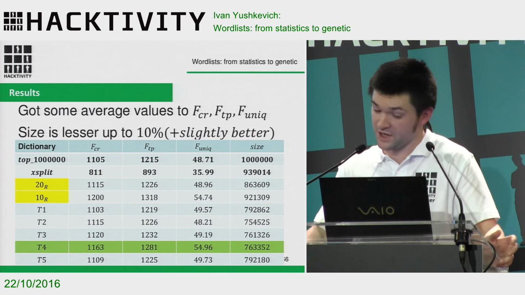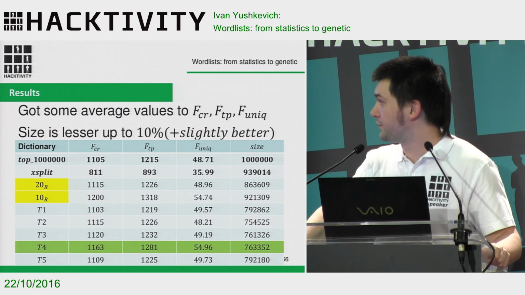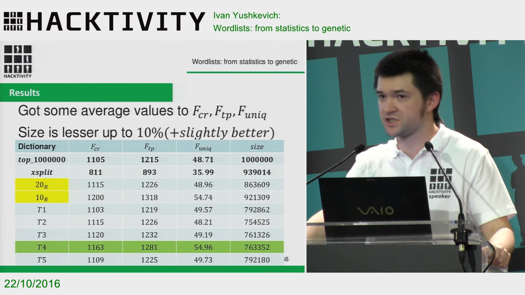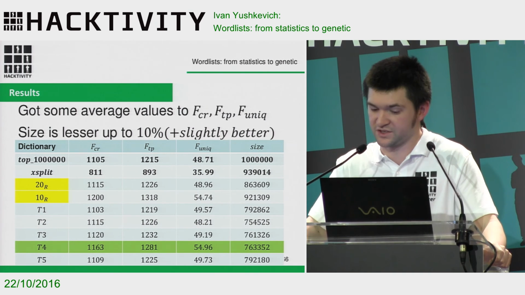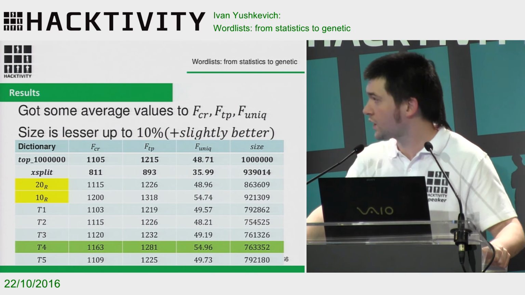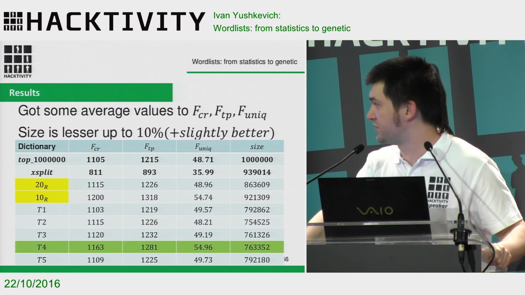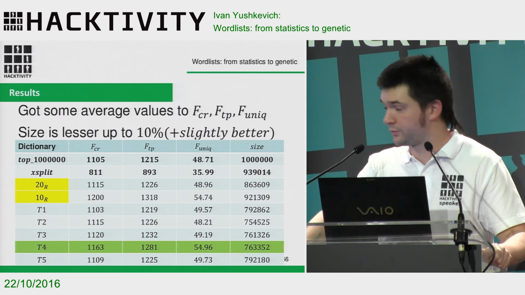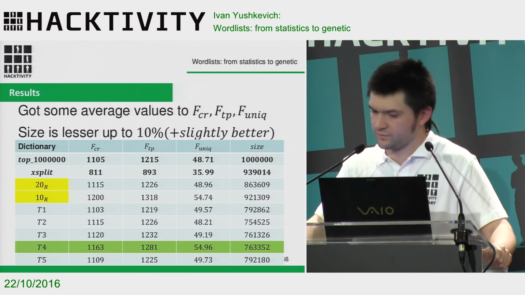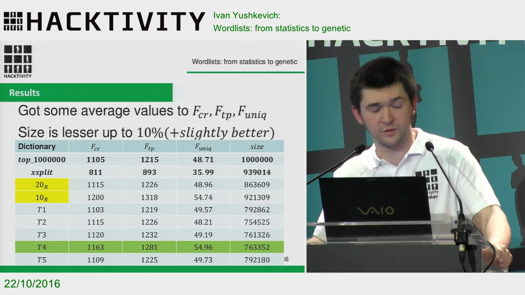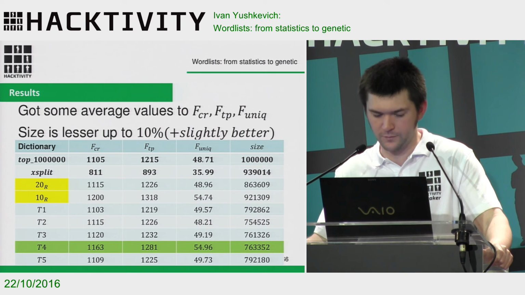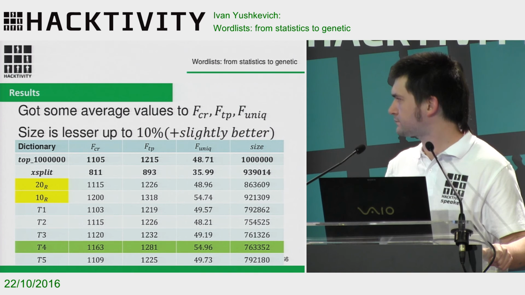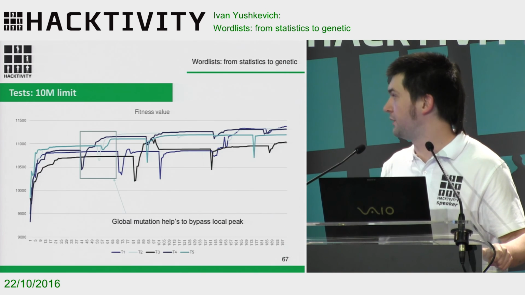And in another table, I chose the best representatives from the previous test, and the word list I got is the top million in XSplit. As you can see here, one dictionary is even better than the best representatives from previous tests, and of course better than the common popular word list. Slightly better, but it's okay.